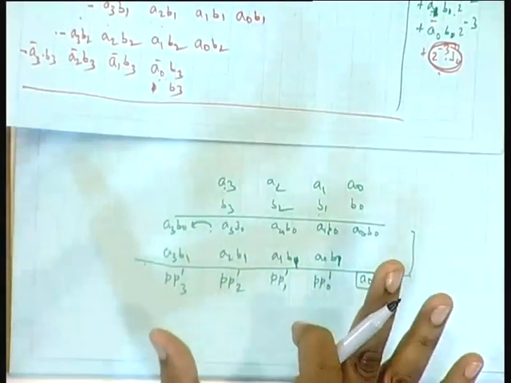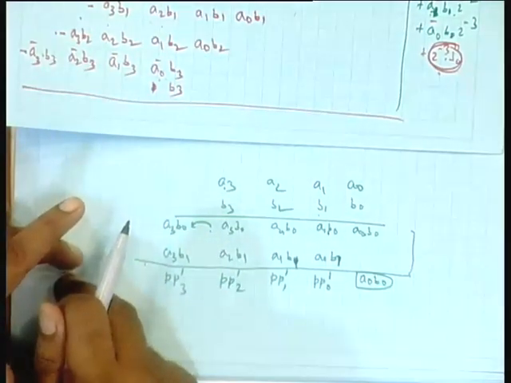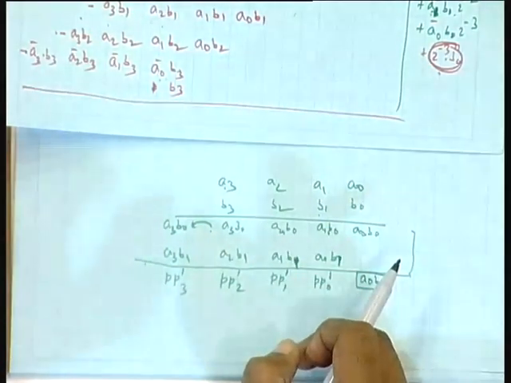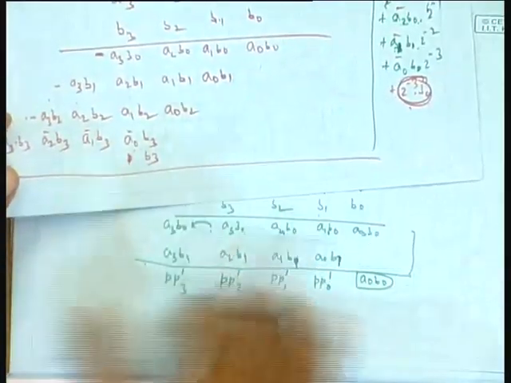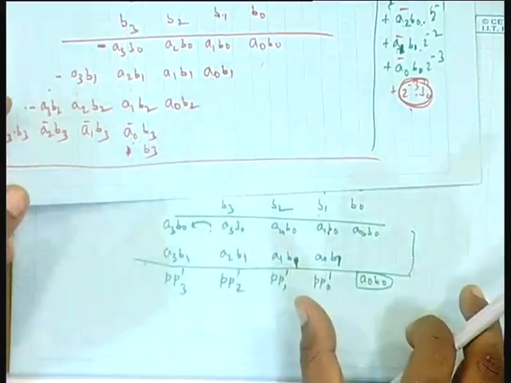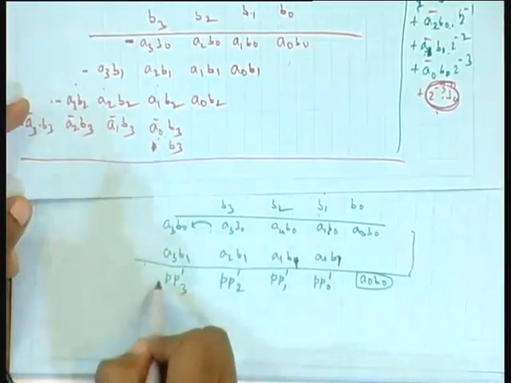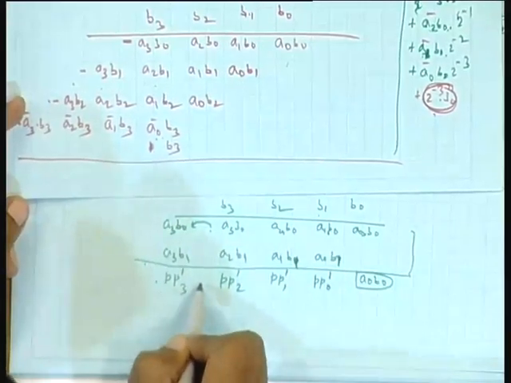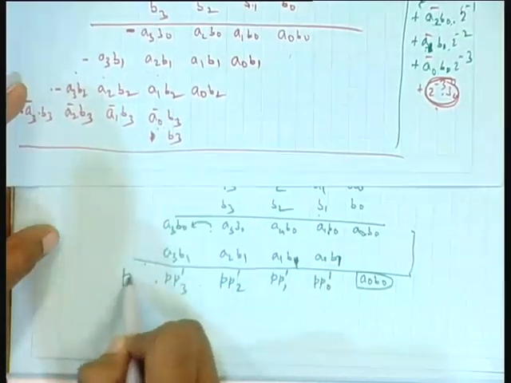I am assuming no overflow. So, these sign bits get added, but nothing goes to the right. After adding these two, then you have to do the next step. Again, result has to be shifted, I mean, you have to divide the result by 2. That means you shift the sign bit, earlier the binary point was here, move it here, and this sign bit will go here.